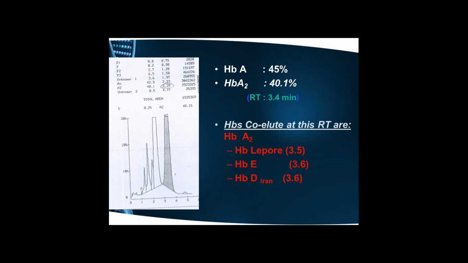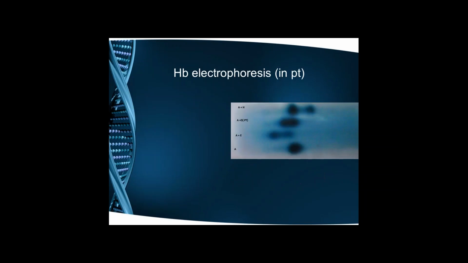So, referring back to the chart that I showed you, any HbA2 in this range, we should always suspect HbD being present. To confirm it, we can do an HB electrophoresis, and since it is HbD, it will co-elute in the S3G region.